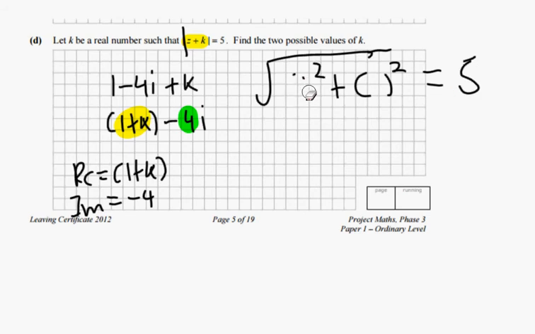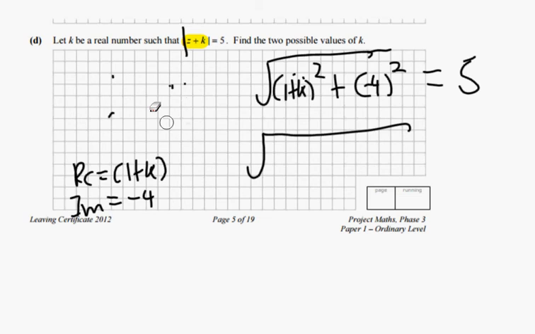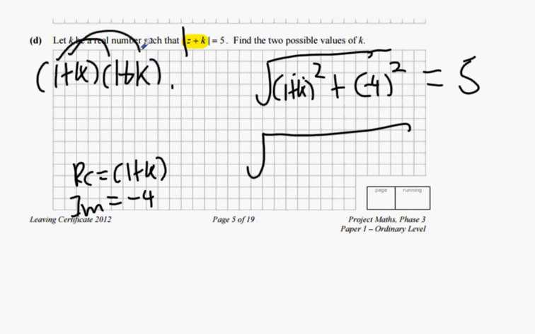So what do we do here, guys? We replace the real part with 1 plus K, replace the imaginary part with minus 4, and then we multiply it out. See 1 plus K squared? I take that out to the side: 1 plus K by 1 plus K, and you get 1 plus K plus another K plus K squared, so 1 plus 2K plus K squared.